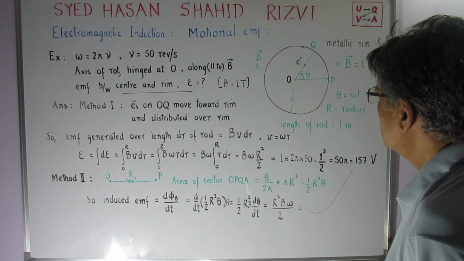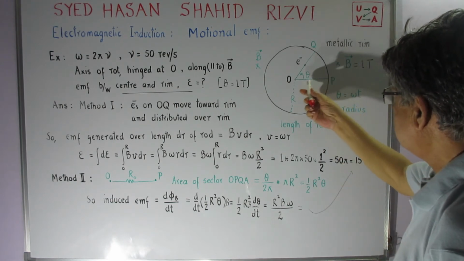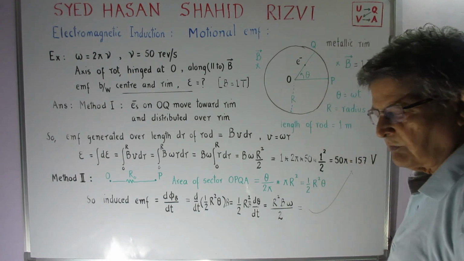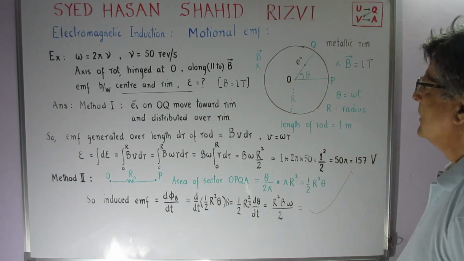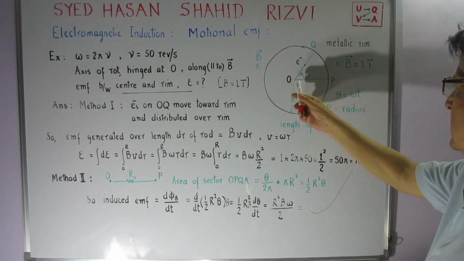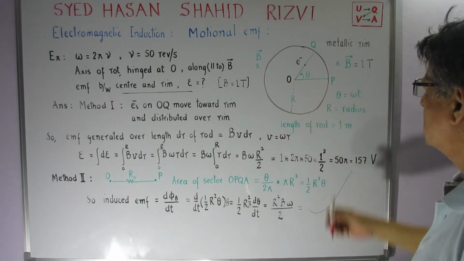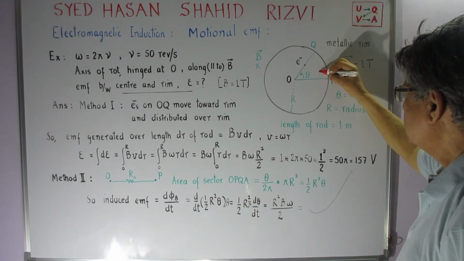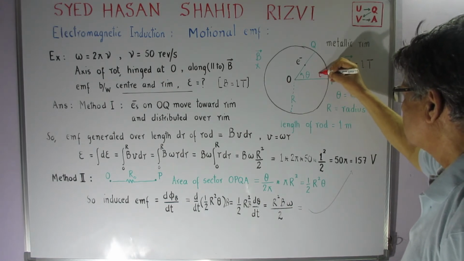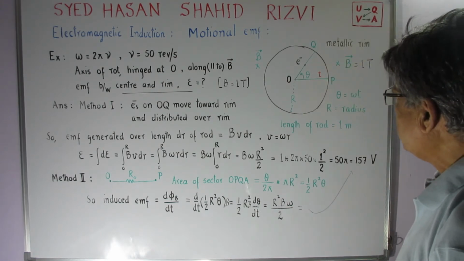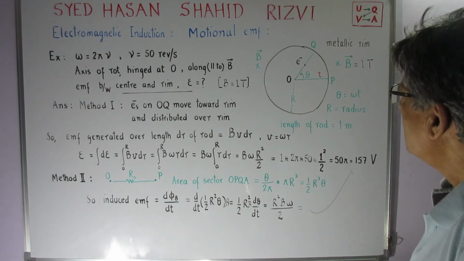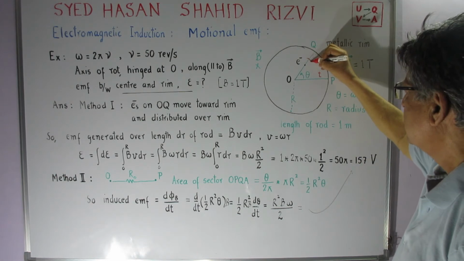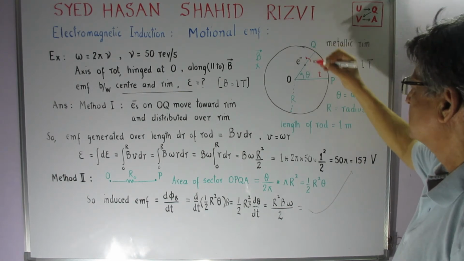Now, I've just shown to you that this is basically the metallic rod we are talking about, single rod, but this makes an angle theta with this in time t, where t is the time. So there is a rotation of this rod, which is rotated in the anti-clockwise direction.